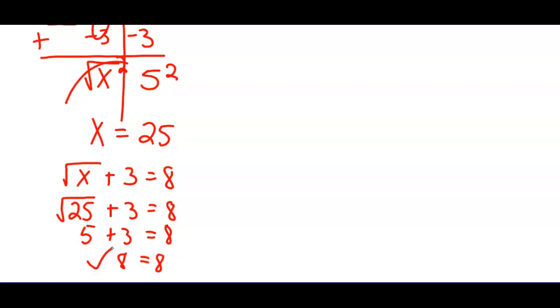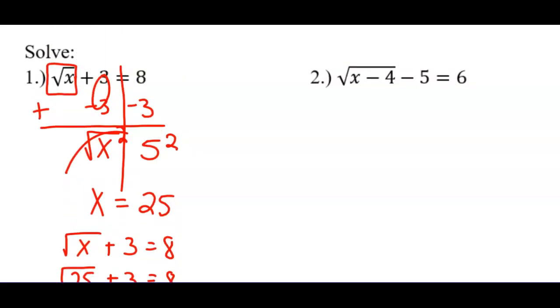It checks. It would be a very, very good idea for you to check these answers, especially as you're doing this for the first time. Okay, so now with that said, look at this one. What is under the radical in this one? Think about that. Separate your equation.